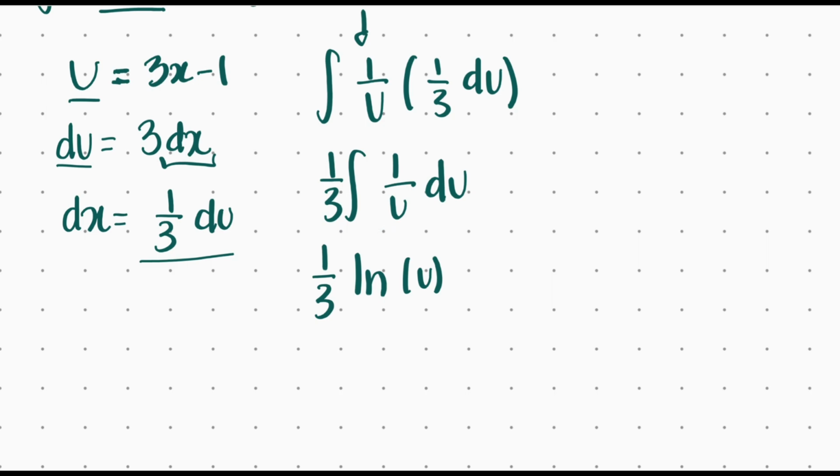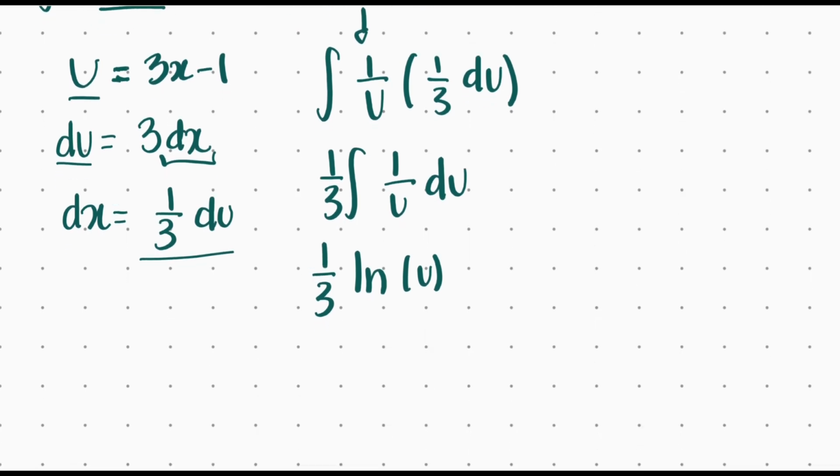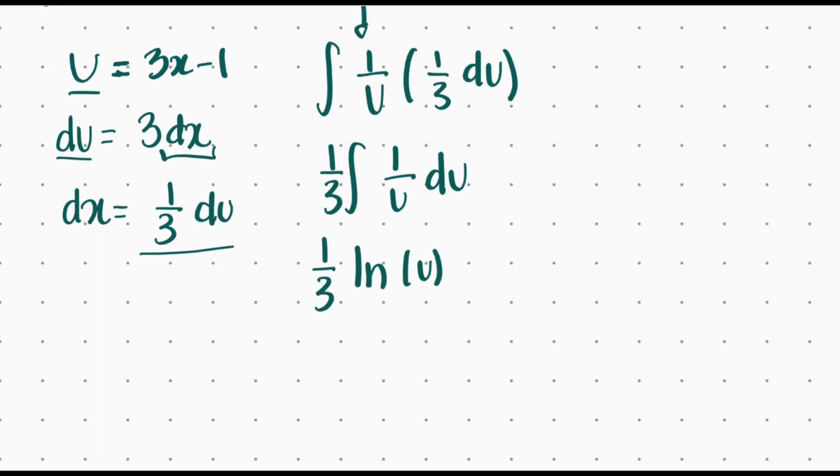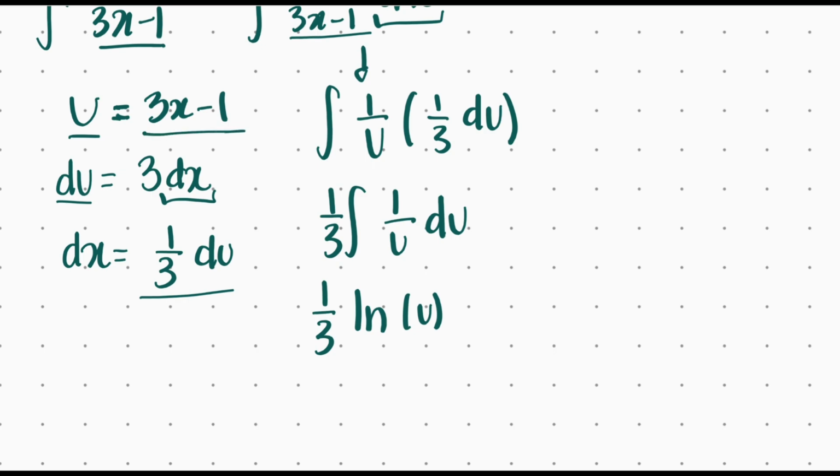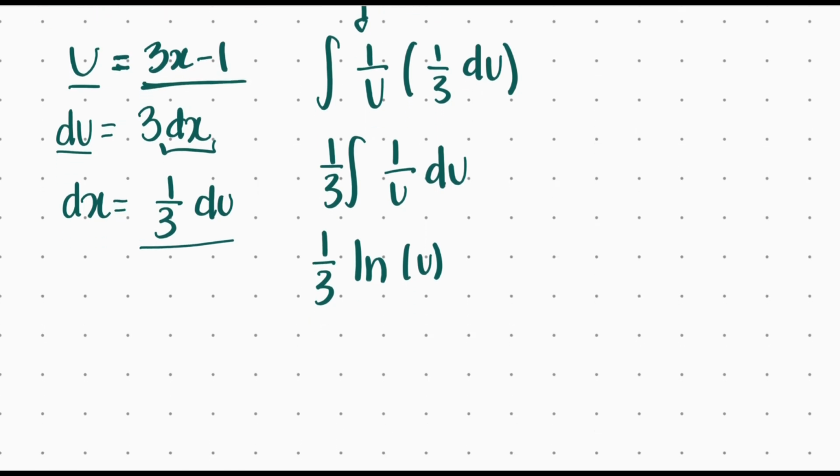What I just said, the integration of 1 over u equals natural log of u, is always true. So if you didn't know that, make sure you know that. And now, last step, we replace our u with what we said previously, which was 3x minus 1. So this is equal to 1/3 natural log of 3x minus 1. And of course, our c value.